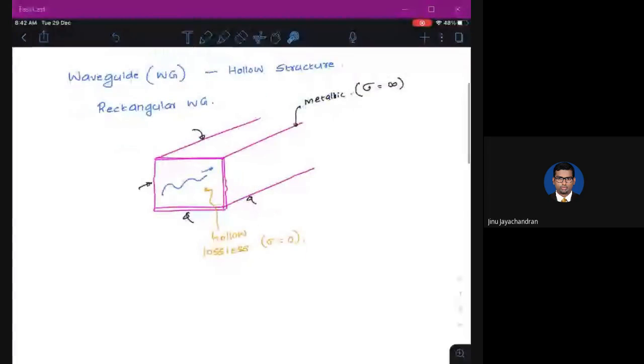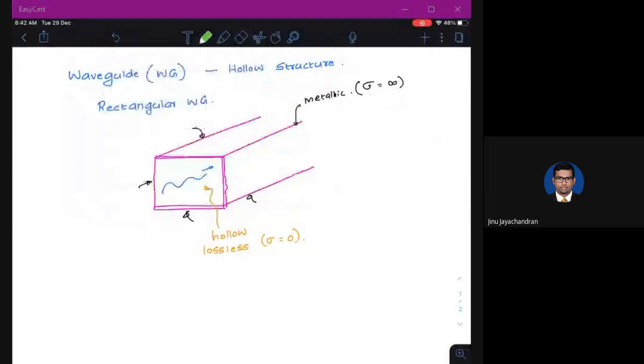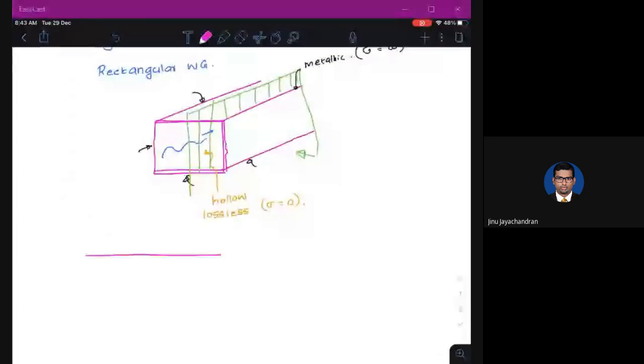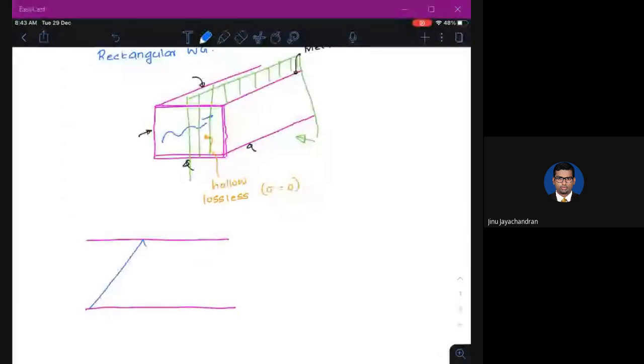So if you take a cross section of this, okay, that means if I take a cross section from here, like this, and I am looking at it from this side, you see that your waveguide is something like this, and the wave is propagating something like this with reflections and everything.